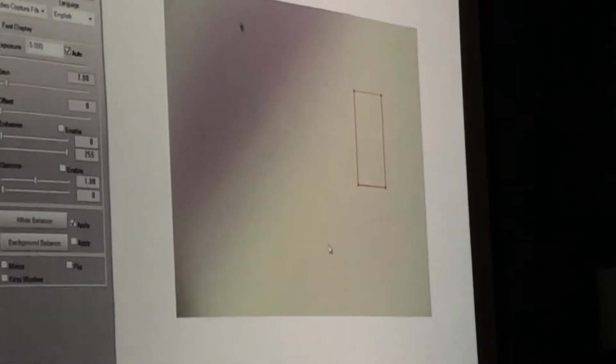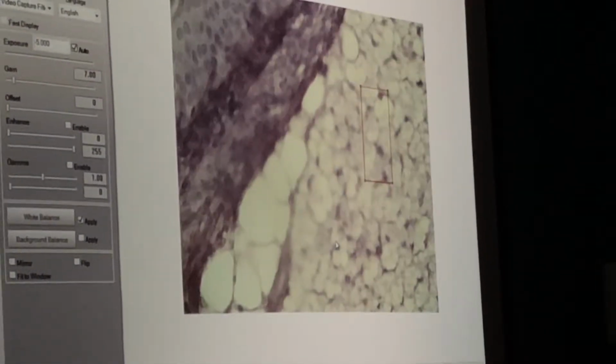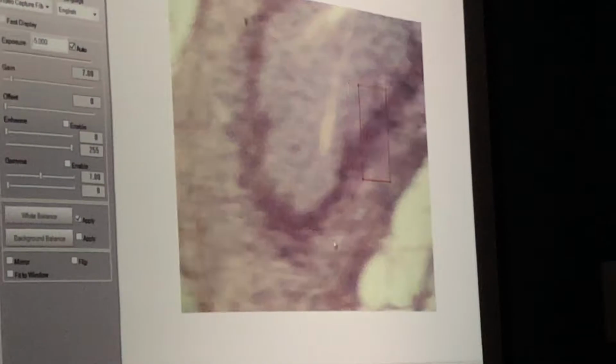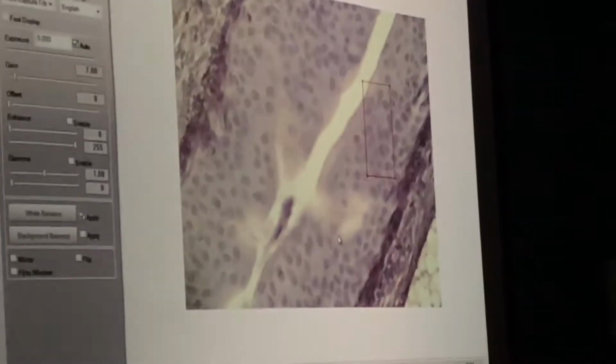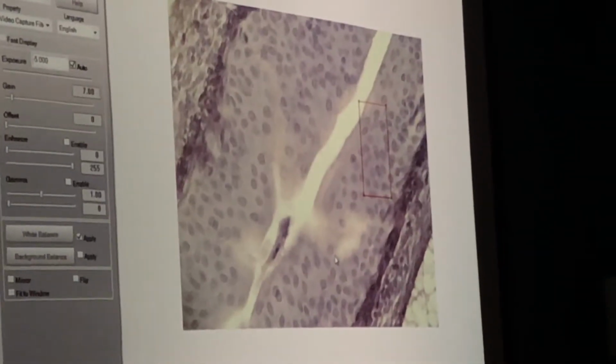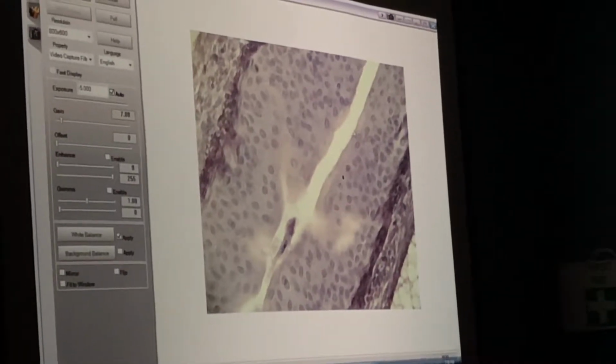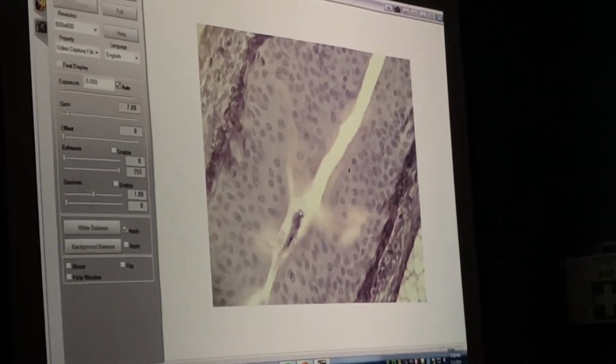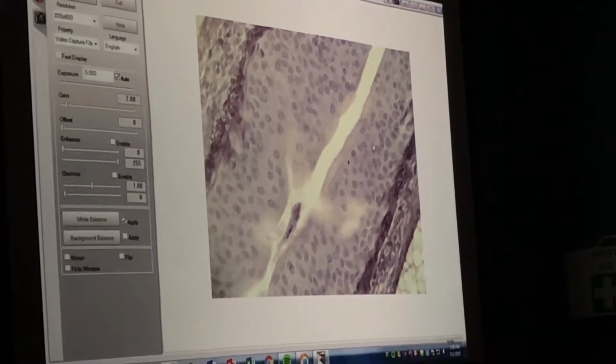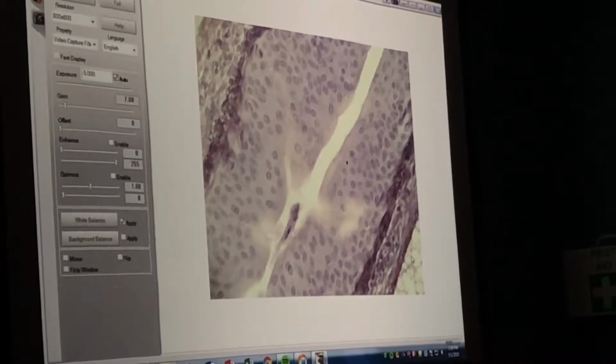Let's go up to high power. So if I look at this guy, right next to the lumen, what kind of epithelium am I seeing? It is stratified, but it's not a stratified something.